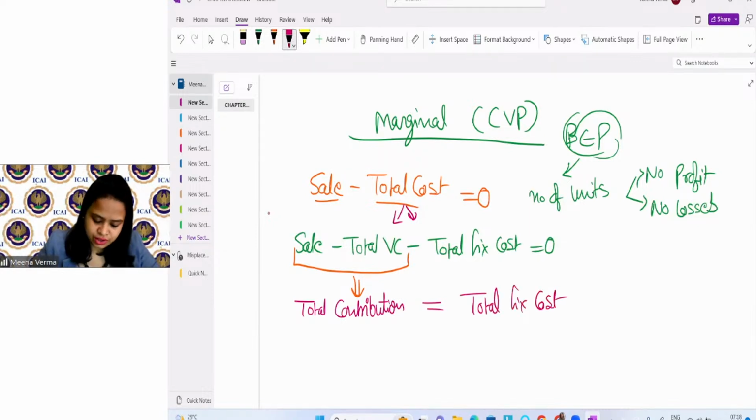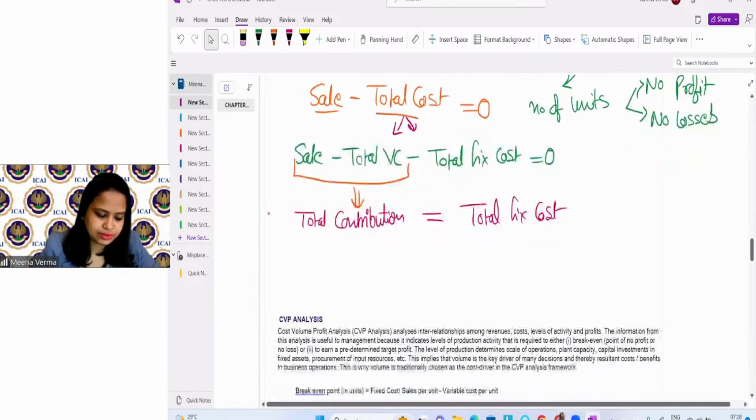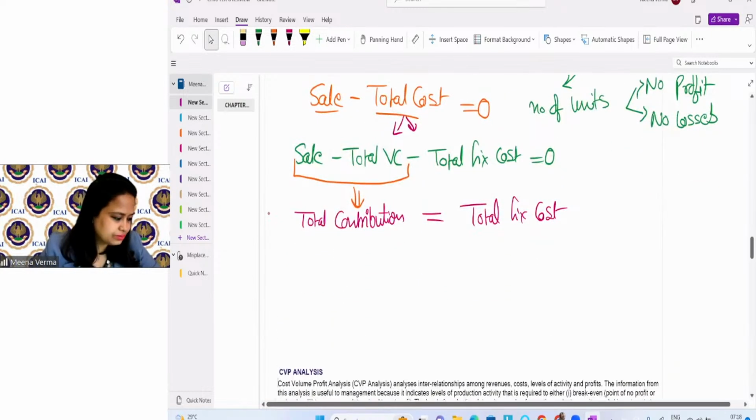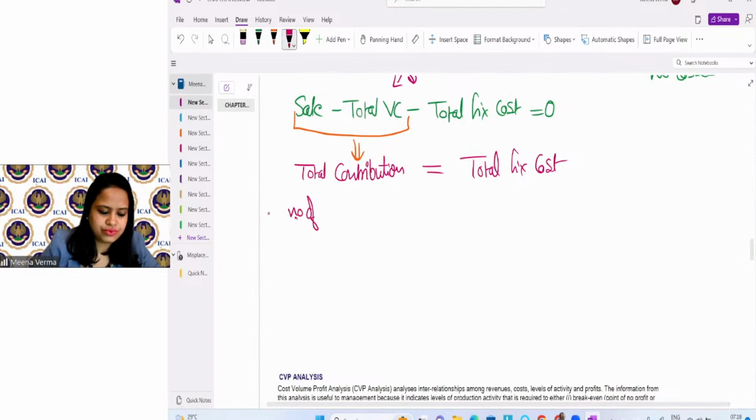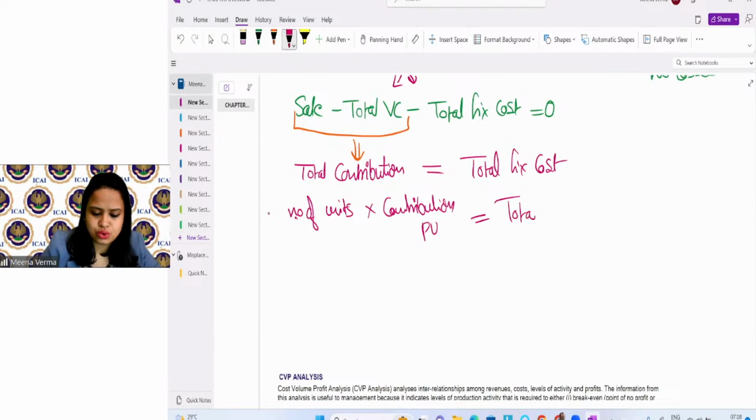And what will happen here? Number of units into contribution per unit is equal to total fixed cost.